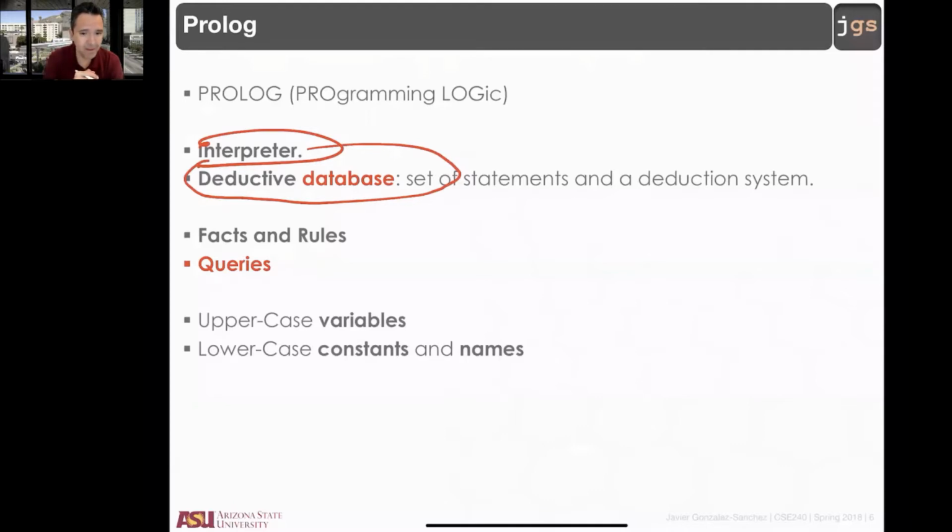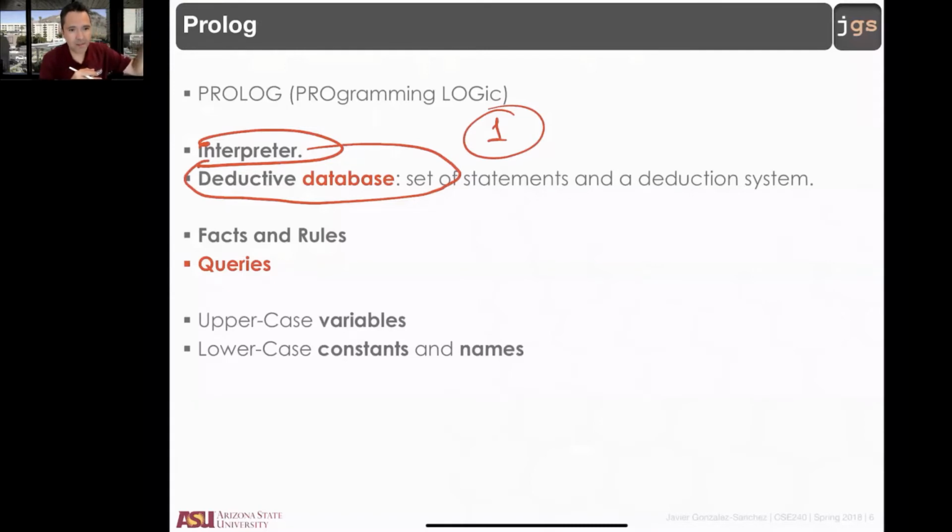Now, important thing, we're going to install this. We're going to install the interpreter, and when we install the interpreter, we're going to have this deductive database. The database is the interpreter. Number one, we need to install that in our systems. We can install one locally, or as we did before, we can access the interpreter for Prolog online.